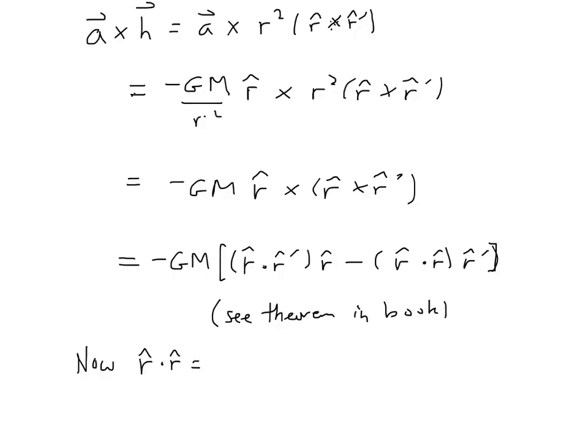Now remember that r hat dot r hat is just the magnitude of r hat squared, and r hat's a unit vector, so that thing is just going to be 1. Moreover, we remember from our results before that since the length of r hat is constant, r hat is perpendicular to r hat prime.